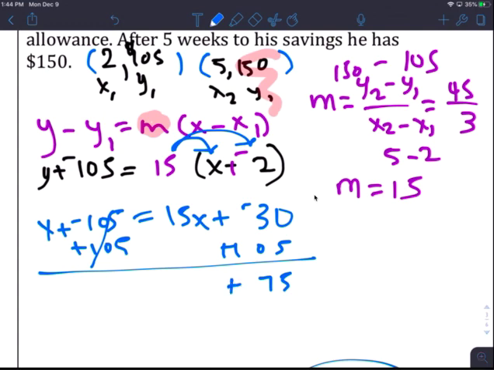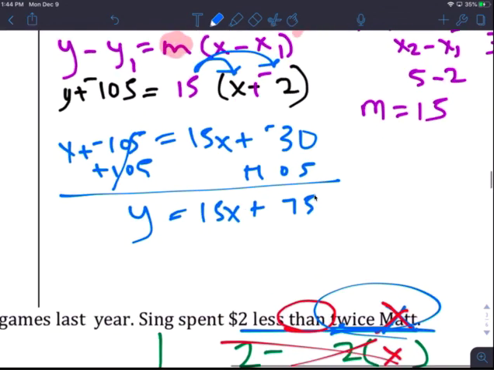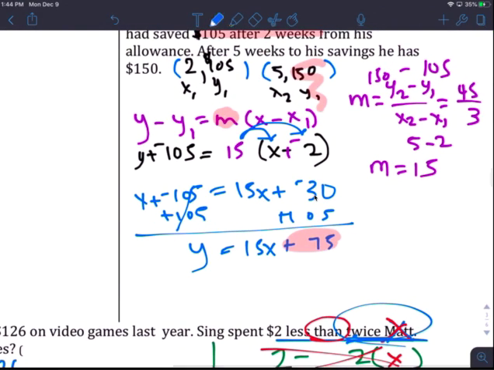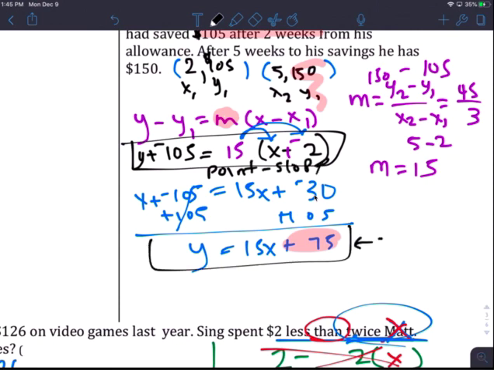Plus 15x equals y. So the y-intercept is 75. Okay, on your test, they'll ask you for the point slope. This is point slope. Okay, and this is the slope-intercept.